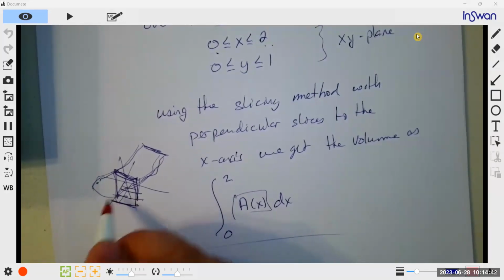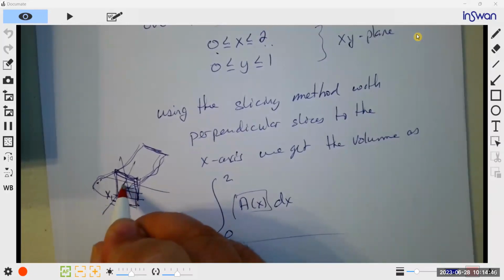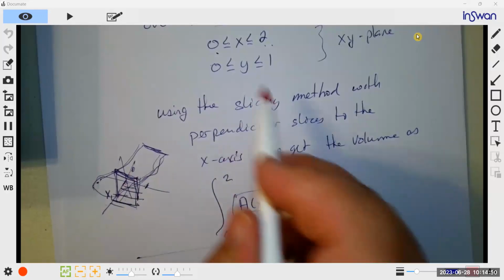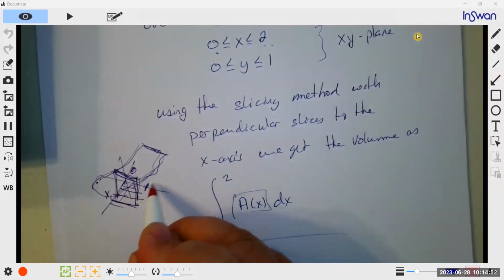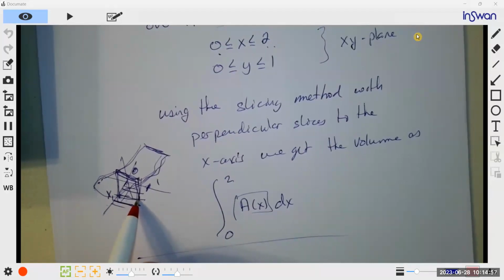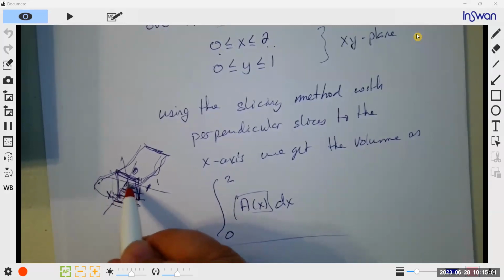So each point here is only an x value, but for the y values, we go in this case from 0 to 1.